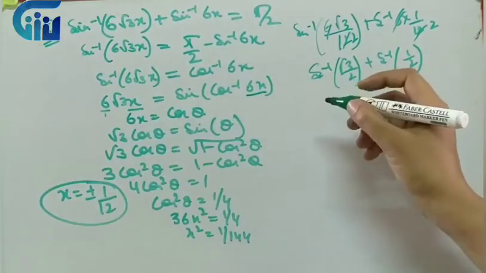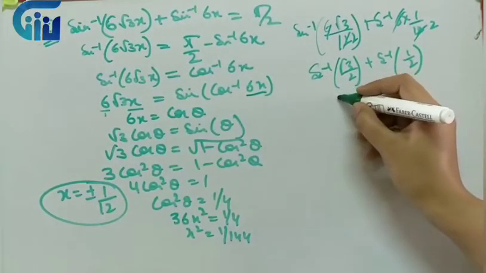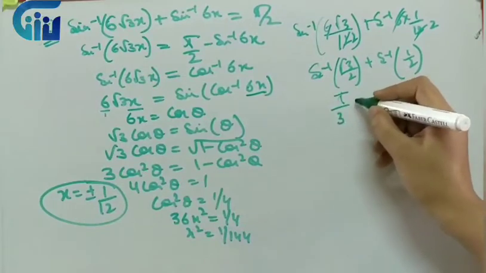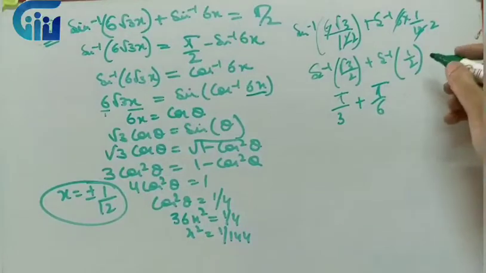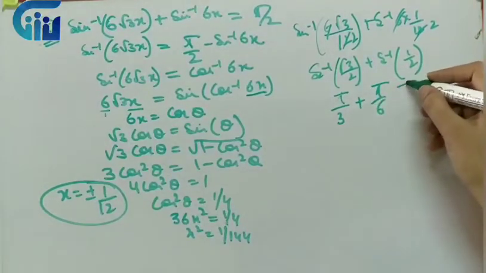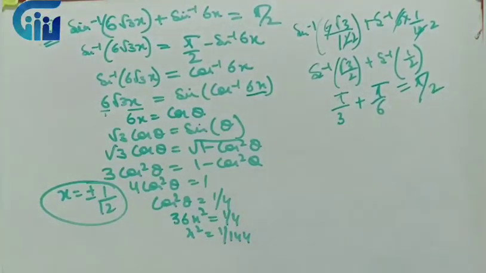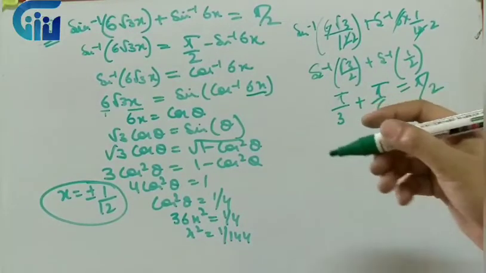Now root 3 by 2 value of sine is at 60 degrees, so it is pi by 3, and this is at 30 degrees, so pi by 6. So if I add up both, will I get 30 plus 60, will I get 90? Yes, so it is pi by 2. So it means plus 1 upon 12 satisfies. Let's check it for minus.